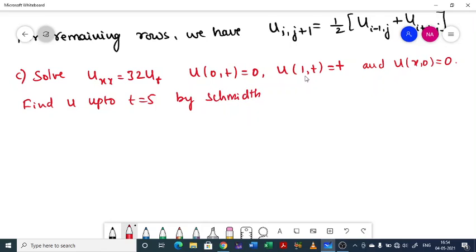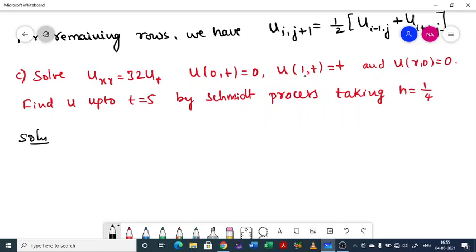Taking h equal to 1 by 4. Solution. Okay, there is one more thing.